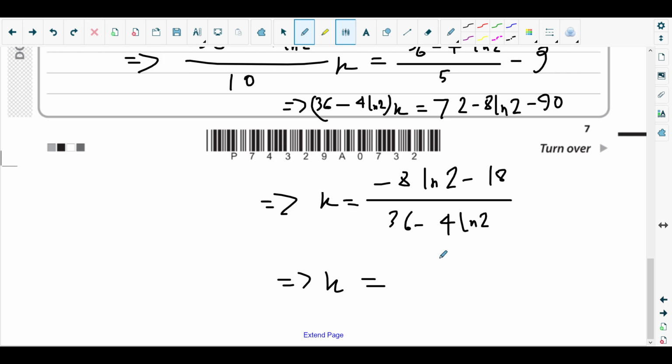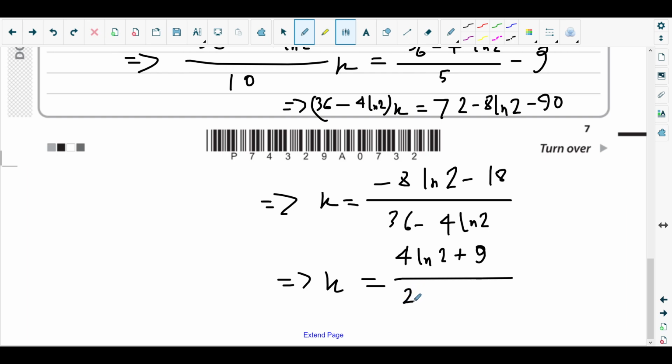You can see that there is 2 common, right? We can simplify by dividing 2 both at the denominator and the numerator. So you will get 4 ln 2 plus 9 over what?